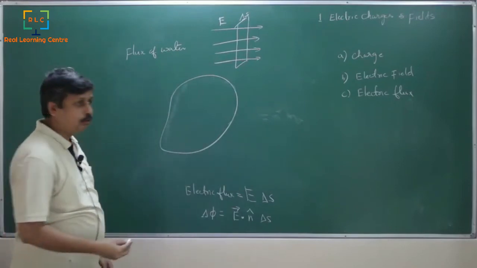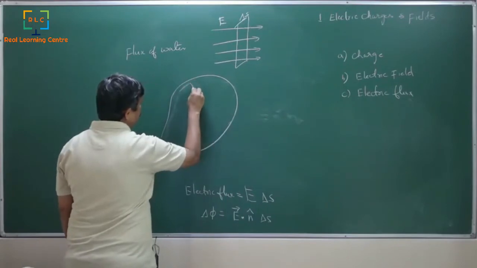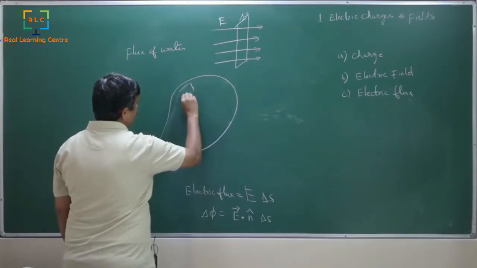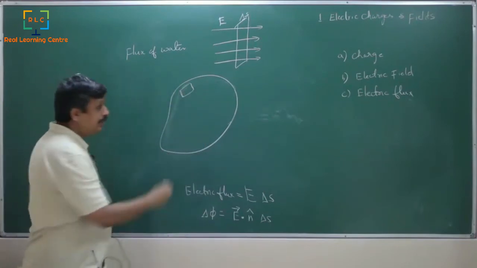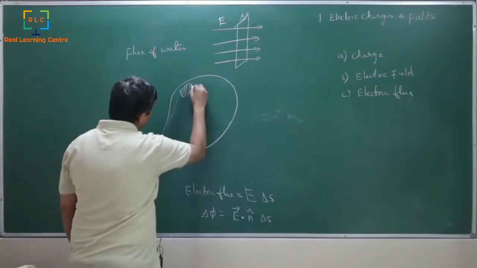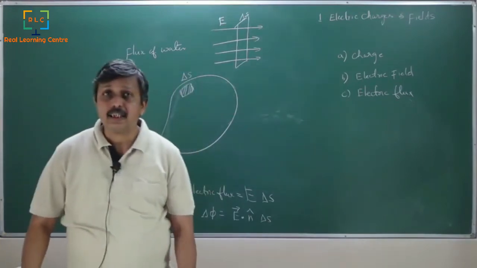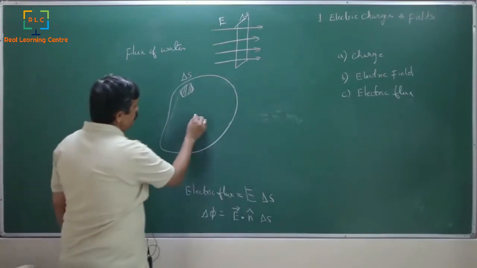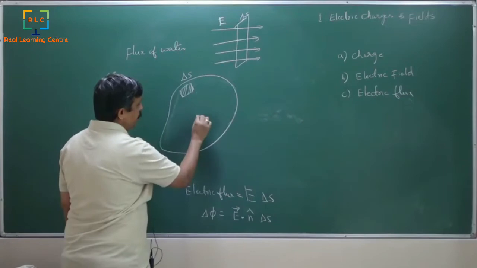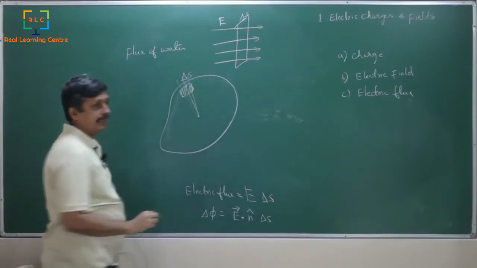In this closed volume, if you take a certain small area, let us say this small area that I am going to take, I will call this area delta S. Let us say there is some charge kept inside, and a lot of electric field lines come through this to the outside.